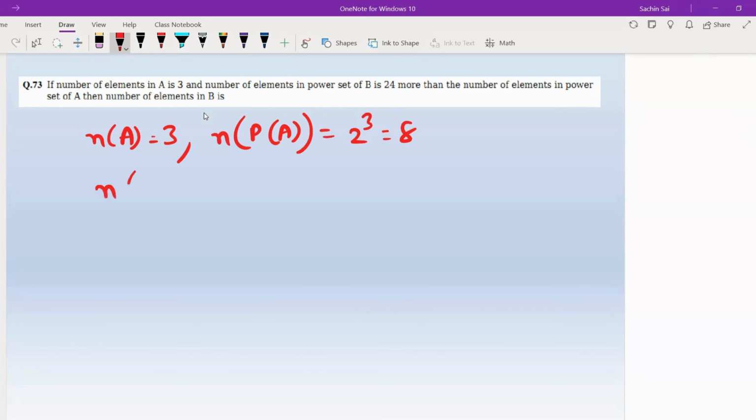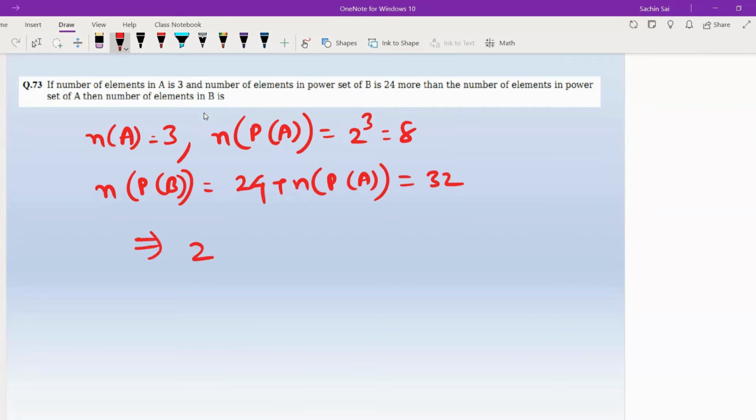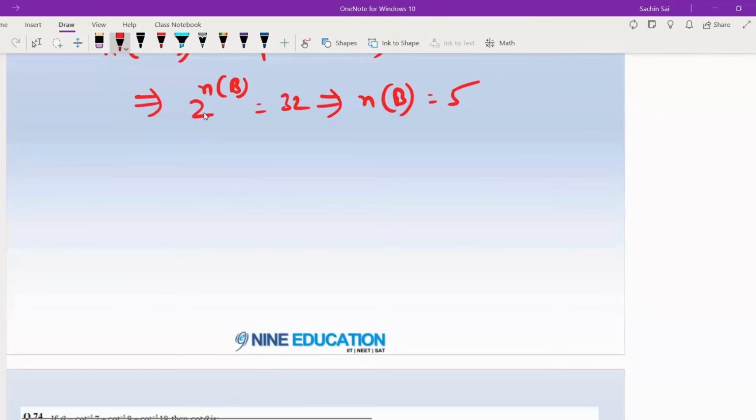Now it is given that the number of elements in the power set of B is 24 more than the number of elements in the power set of A. So this is 32. But this means 2 power the number of elements in B is 32. So that means the number of elements in B is 5.